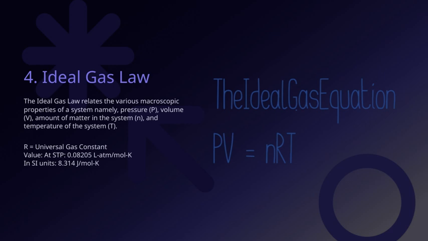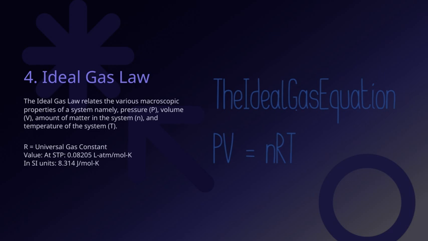Speaking of which, the ideal gas law connects pressure, volume, the amount of gas, and temperature in a simple, elegant way. It basically tells us how these properties interact. For example, if you increase the temperature, other properties like pressure or volume will adjust accordingly, assuming the amount of gas stays the same. This law is really the cornerstone of understanding gases on a macroscopic level.